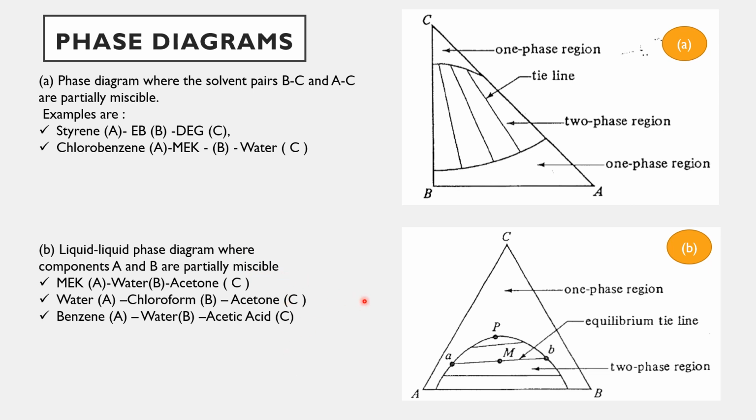Typical examples of this system are methyl ethyl ketone, water; acetone, water, chloroform; and benzene, water, acetic acid.